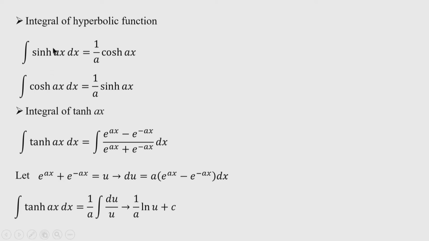The integral of sinh(ax) is cosh(ax), and the integral of cosh(ax) is sinh(ax). The integral of tanh(ax) is found by first expressing tanh as the ratio of sinh(ax) to cosh(ax), then using the method of substitution to obtain the integral.